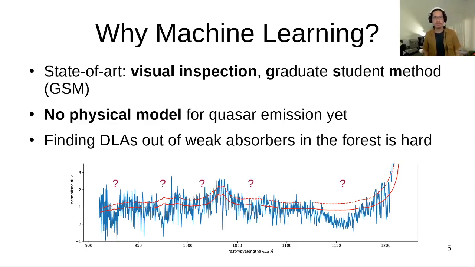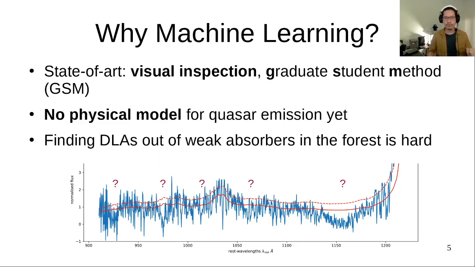Second, there's no generalized physical model for quasar emission, and the only thing we can rely on are the statistical properties from quasar observations. Also, distinguishing between those little wiggles from weak absorbers in the forest and strong absorbers like DLAs is not trivial. It is very easy to mix up a bunch of weak absorbers with a strong DLA.